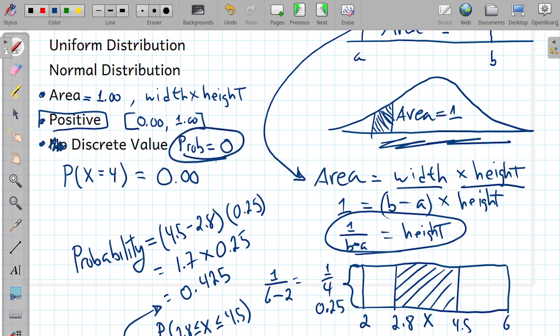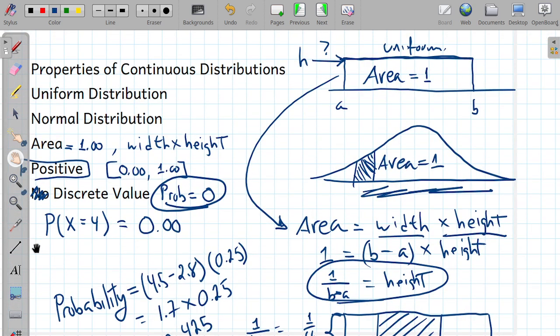Let's go look at our pictures here. Let's look at the normal distribution, the bell curve one. As an example, we'll use x is equal to 4. But we also know that probability is width times height. The height is this value, whatever that happens to be. Some tables or graphs will give you a height value. But how wide?